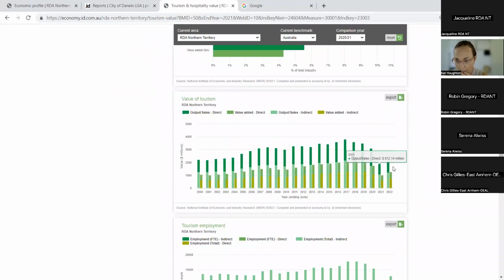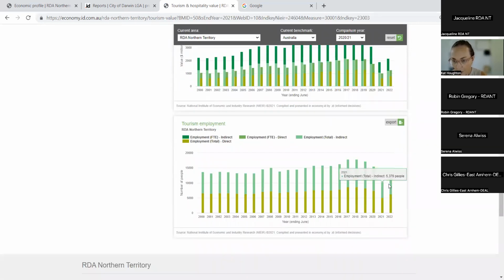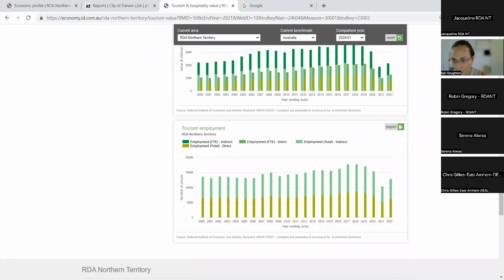We can see there has been some growth between 21 and 22. We can see here too, interesting enough, from 2017, it really was falling year on year anyway, and then COVID hit, and we can see the impact that COVID has had on the economy. A little bit of comeback there in 2022, both in terms of value and in terms of employment.